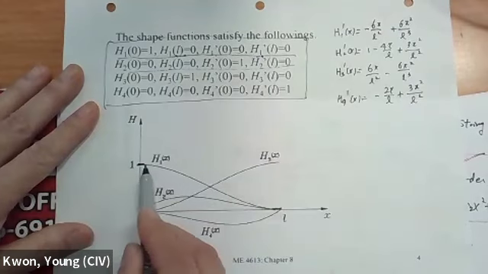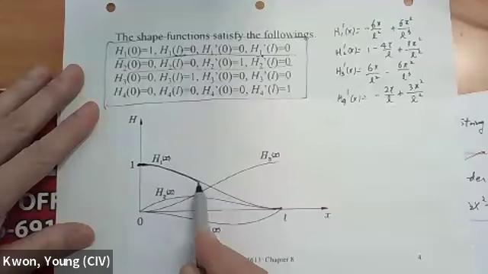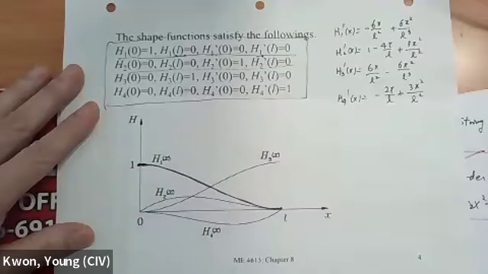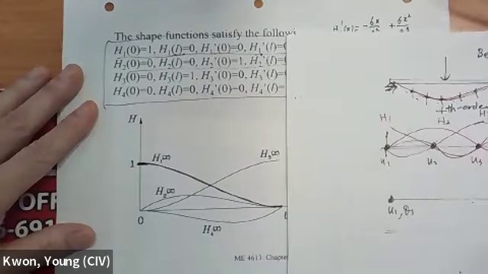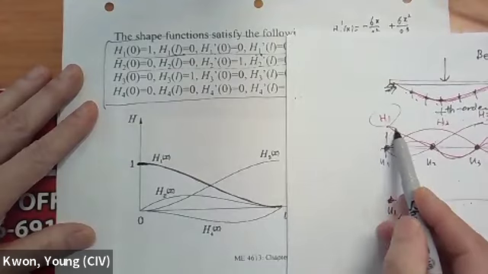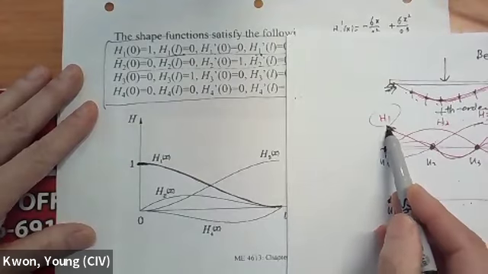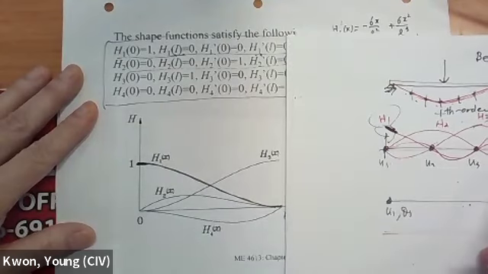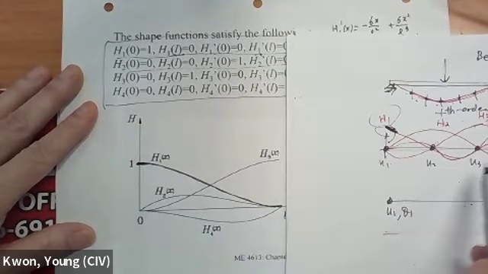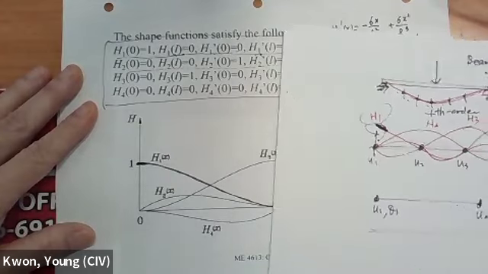So you got a function that looks like this. And for H3, I don't have any description for slope; you get a non-zero slope there, as well as a non-zero slope there too. Totally different kind of characteristic.